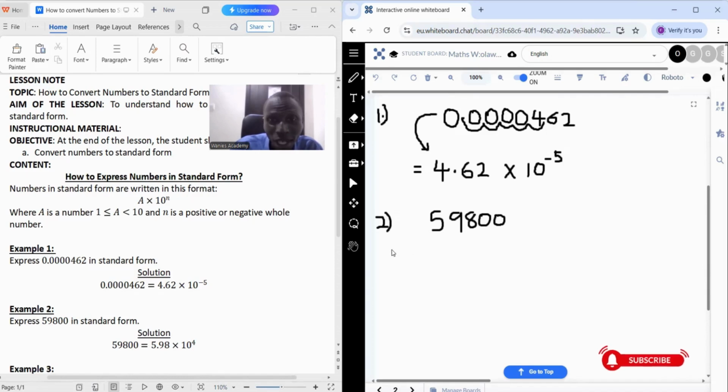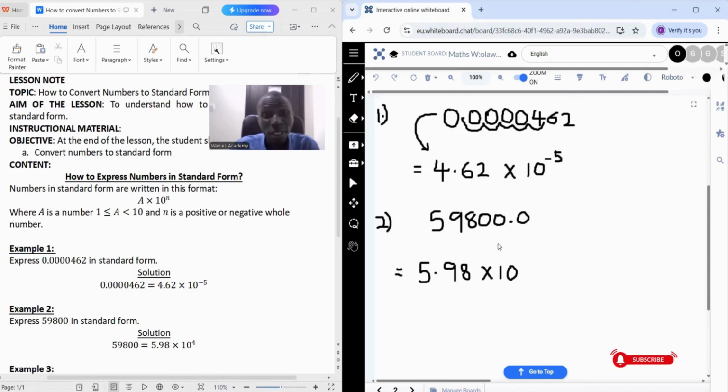So from this, we can have the first number to be 5.98, then multiplied by 10. How are we going to get the power? You might be thinking that there's no decimal point here, but we can have this to be 59,800.0.